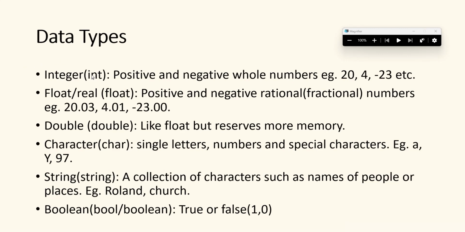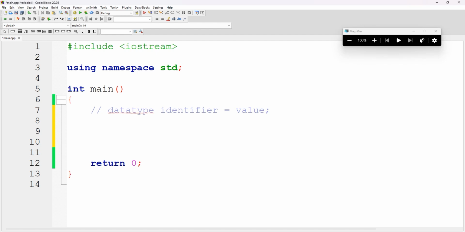So because we know age will fall within this, I will now need to let the computer know that this new variable I'm coming to create, the kind of data it is going to hold will be what? Integers. That is the first thing, the data type. So always know the kind of data you are going to store. Then you give it the appropriate data type. Now moving from there, we have the identifier. So with identifier, it's very simple.